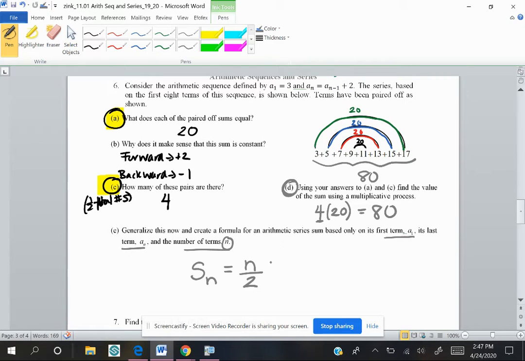Like in this green rainbow here, we took the sum of the first term and the last term, the nth term. We added 3 plus 17 to get 20, and then we multiplied that by half the total number of numbers that we have. And that gives us our sum formula.